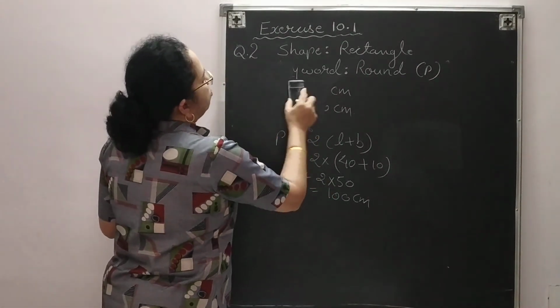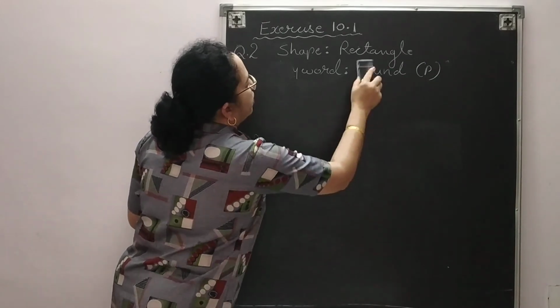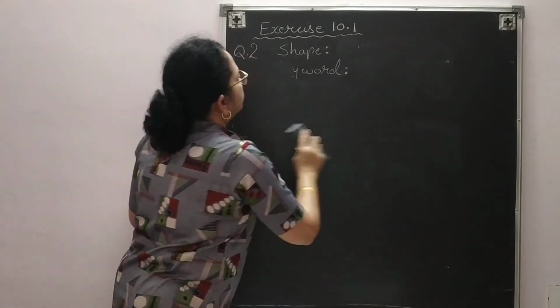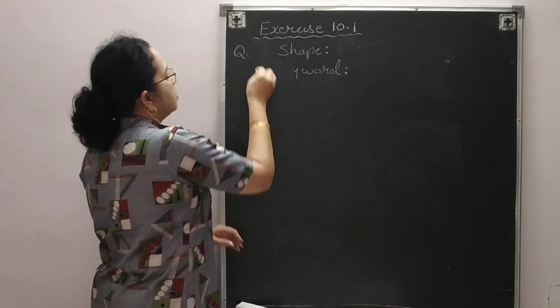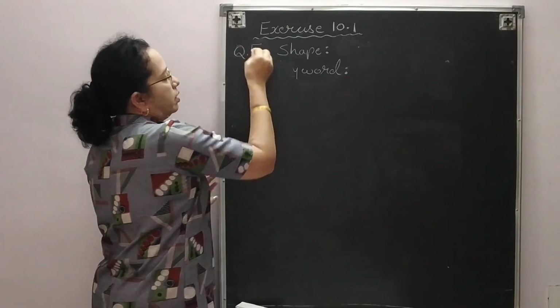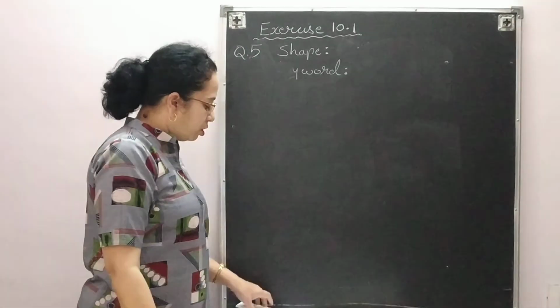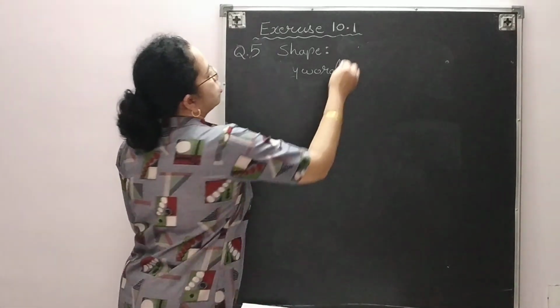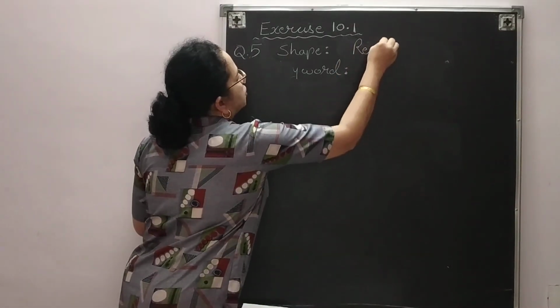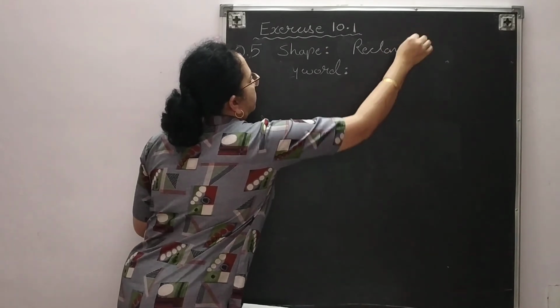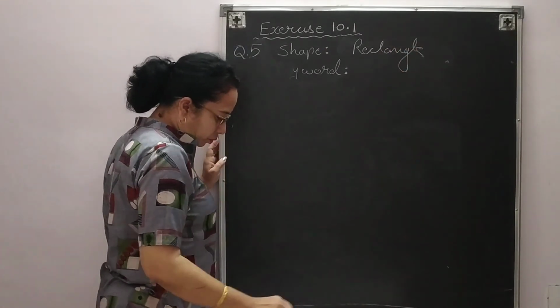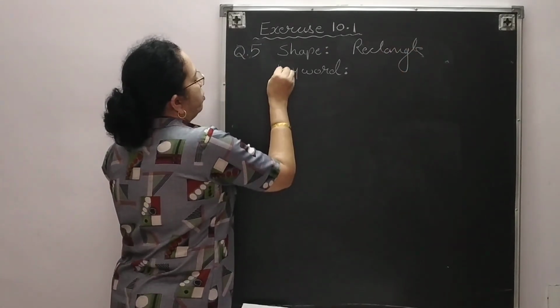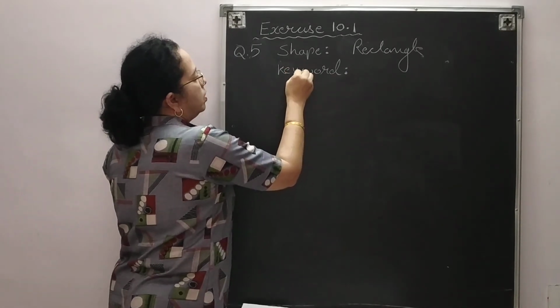Now next question, we will go for question number 5. Few questions are very similar in this exercise, so I am not going to solve all the questions. So question number 5, a rectangular piece of length. So again shape is given, rectangle, and again we will find out the keyword here.